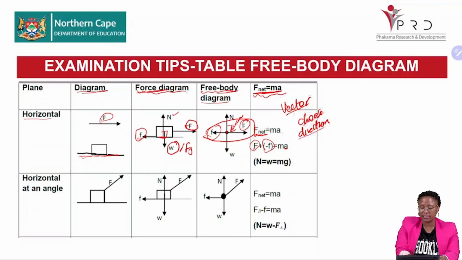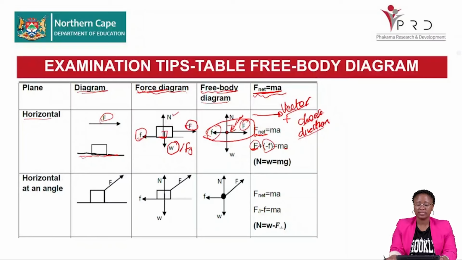That's why, as you can see from here, I have chosen right hand side as positive. Hence my F over here is positive, and because my friction opposes the motion of the object, it will be negative, as it also opposes the direction that I have chosen. So very important that you must always be consistent with your direction.